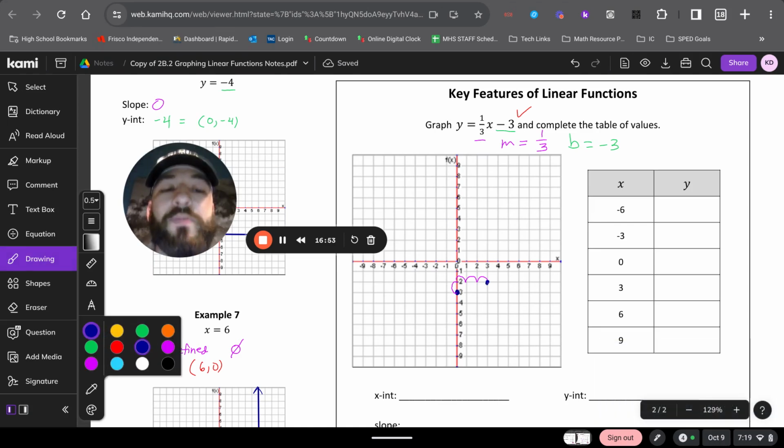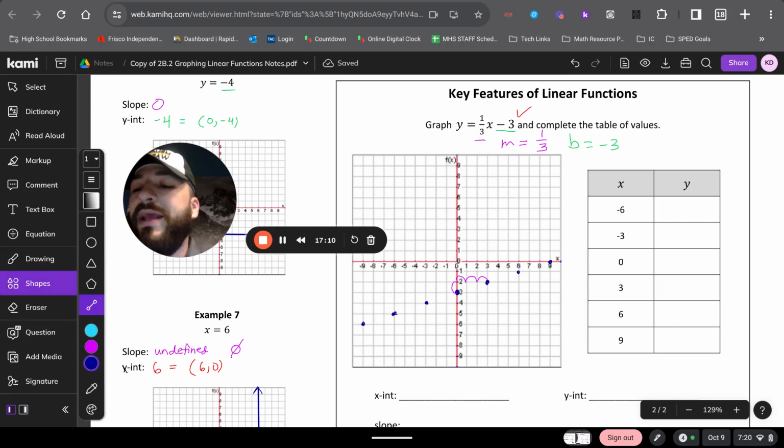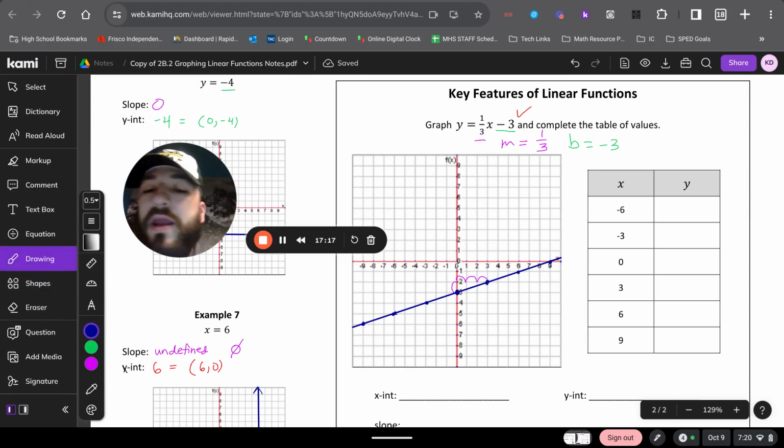And then, of course, I can repeat that pattern up 1/3, up 1/3, and vice versa in the other direction. And so from there, I can go ahead and add in my nice line and my arrows on the end.